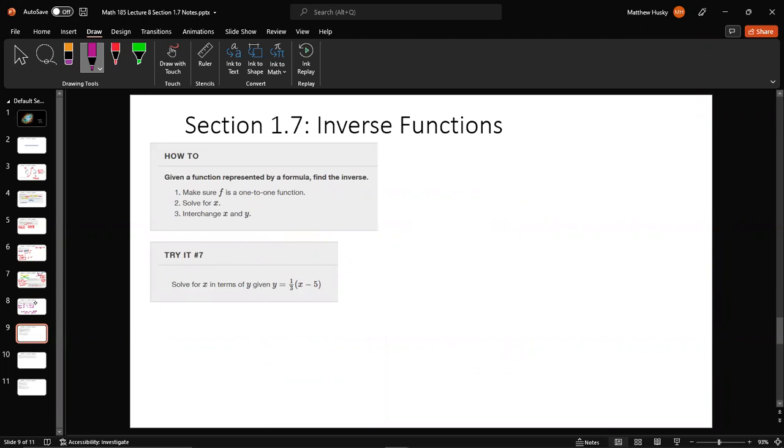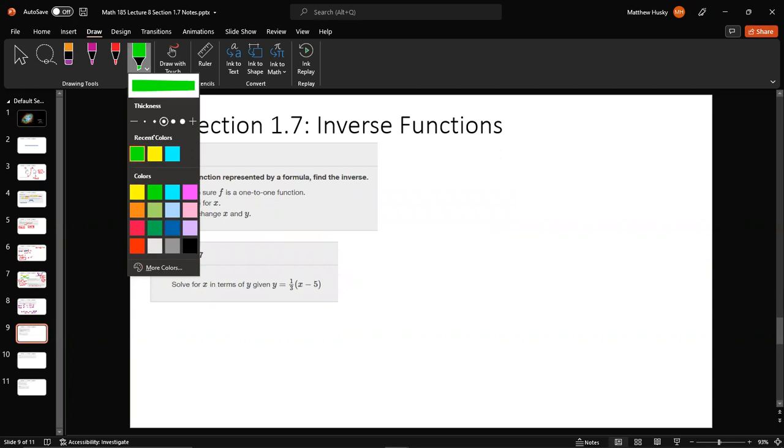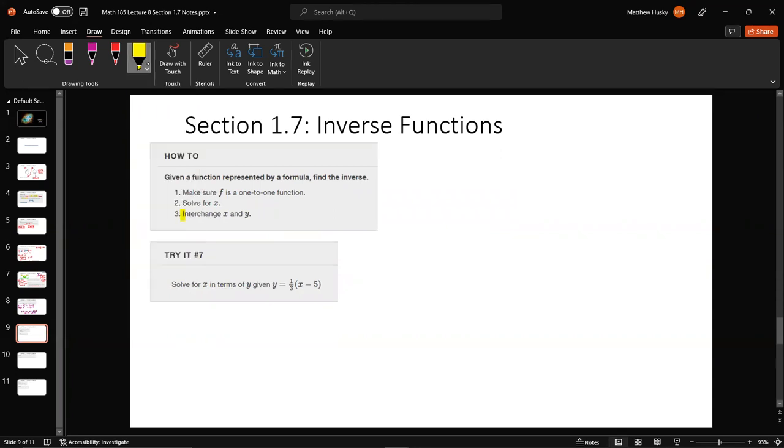So first you want to make sure that it's one-to-one. Then you solve for x, and then you need to interchange x and y. So when they say interchange x and y, that kind of touches on what we were just talking about. X and y switch places.